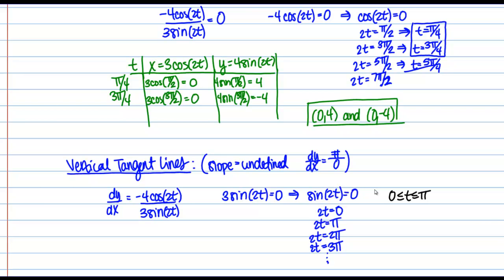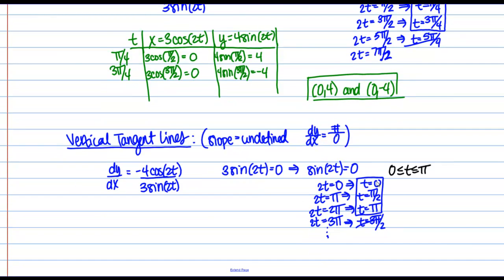If we solve these, this first one is going to give me t equals 0, and then t equals pi over 2, and then t equals pi, and then t equals 3 pi over 2, but at that point I am out of my interval here. So it looks like I just want to stick with t equals 0, t equals pi over 2, and t equals pi. So those are the t values for which I'm going to get a vertical tangent line.